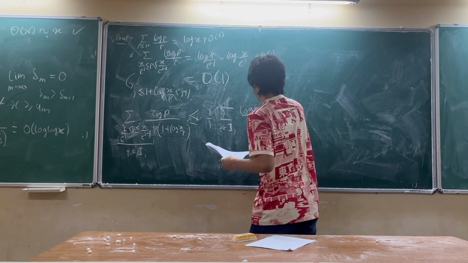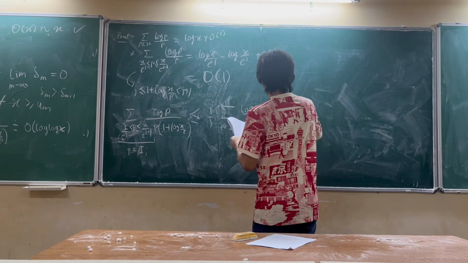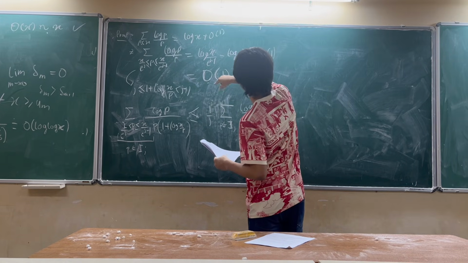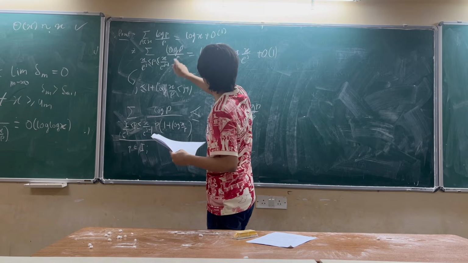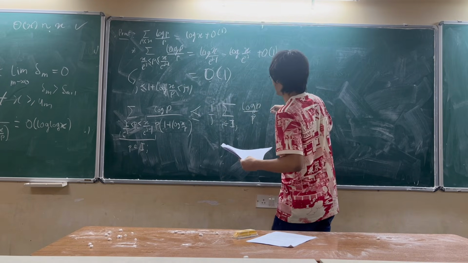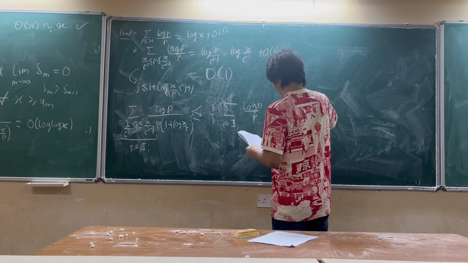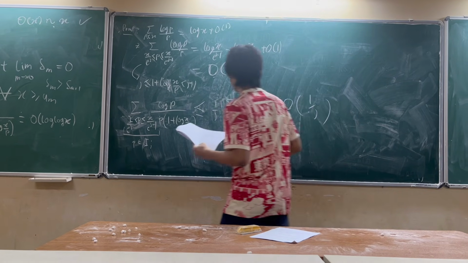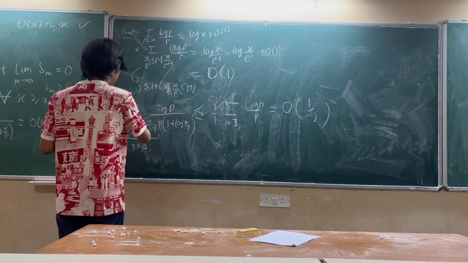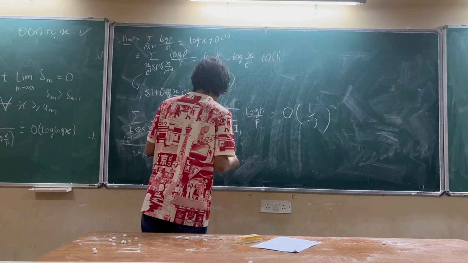So this becomes a summation less than or equal to 1 by j, p belonging to interval I j, where I j was defined as such here, log p by p. Again, this stuff here is trivial. And because we just showed that this thing in an interval is of the order of 1, this thing must have the order of 1 by j. So in each interval, this thing has the order of 1 by j.